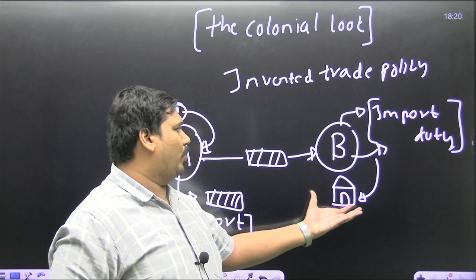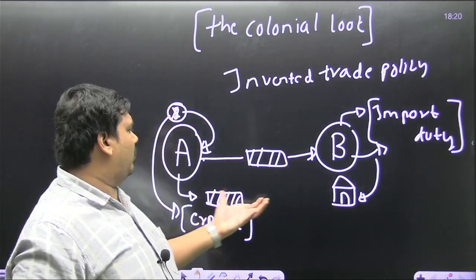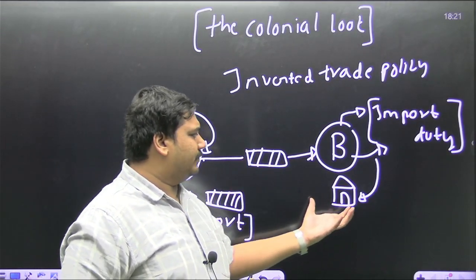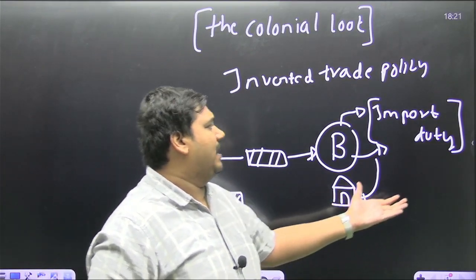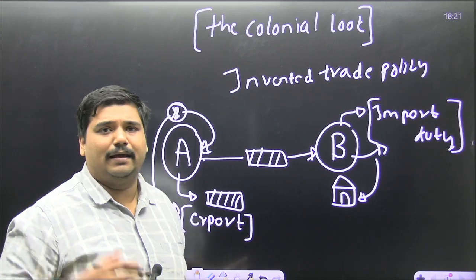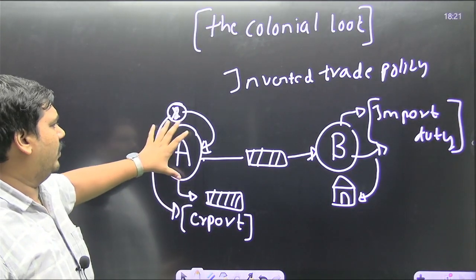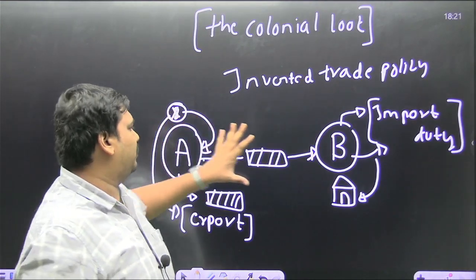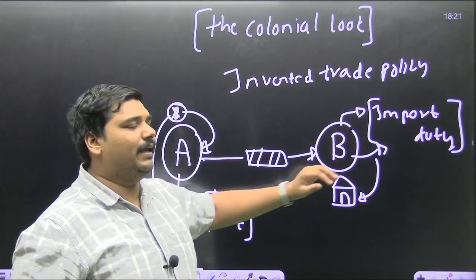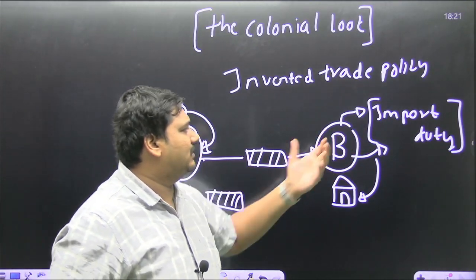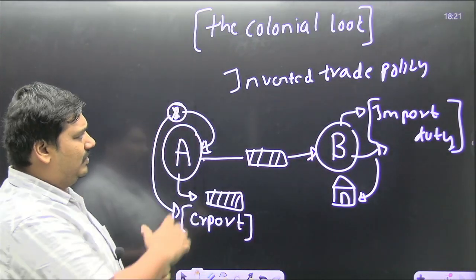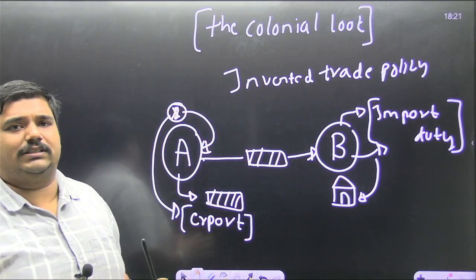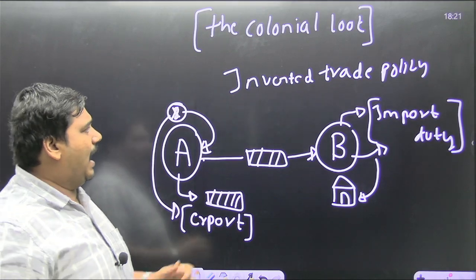This shopkeeper who is importing the pen from country A will pay the import duty to country B. So this is how the governments of the producing country, the exporting country and the importing country levy taxes on trade. This is the normal procedure of trade and its duties.